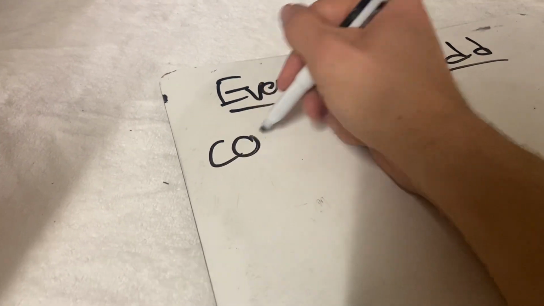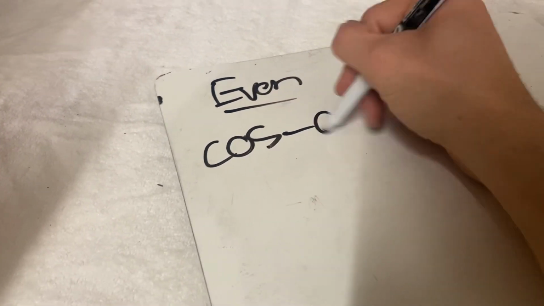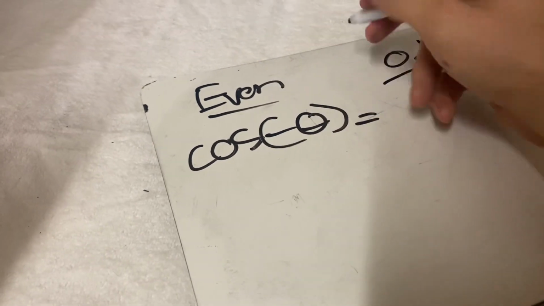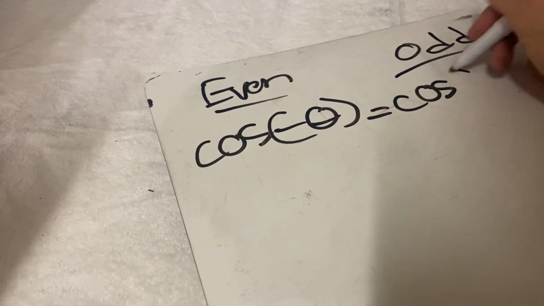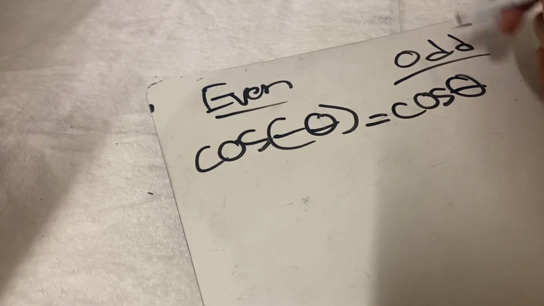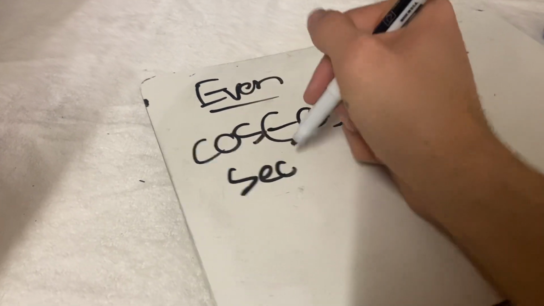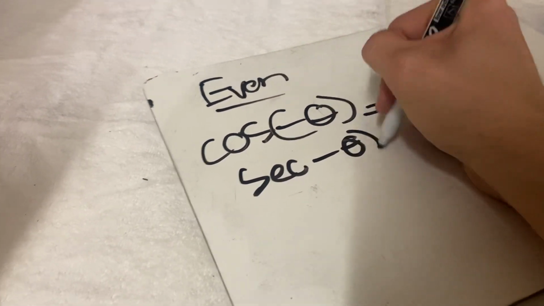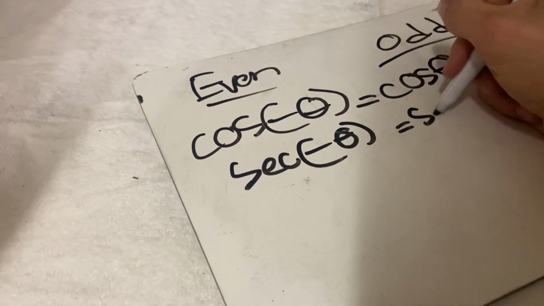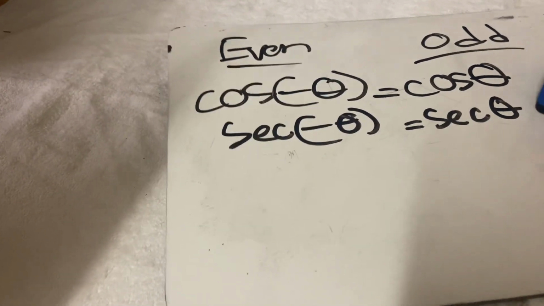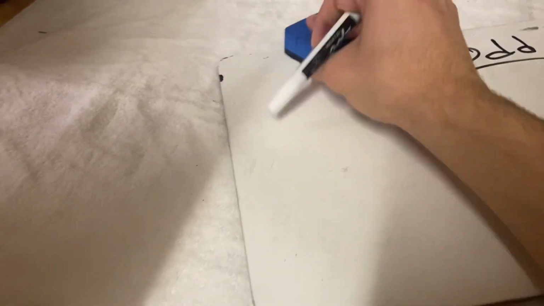So cosine of negative theta is cosine theta, and then secant of negative theta would be secant theta. Okay? Now these even identities means that they're positive. Okay? Let's go for odd.